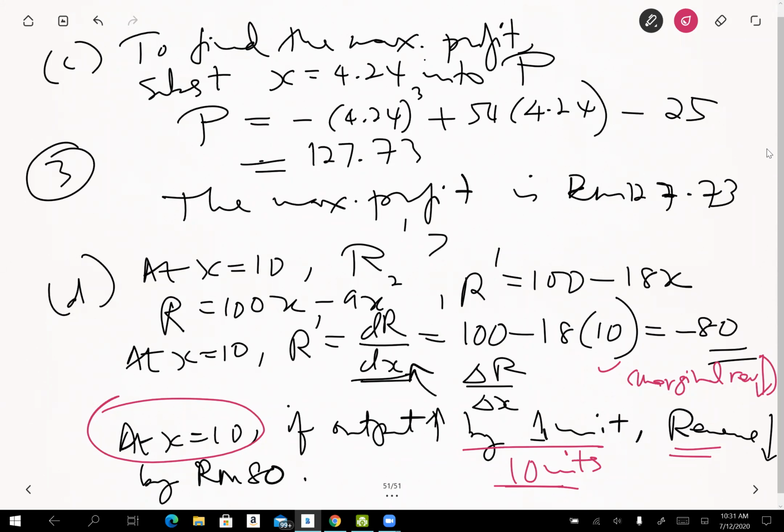So x increases by 1 unit, then what happens to the revenue? This is another mistake that people make: output increases by 10 units. Those are the comments I have so far, from the answers that I've graded. These are the common mistakes. And that would be 3 points.